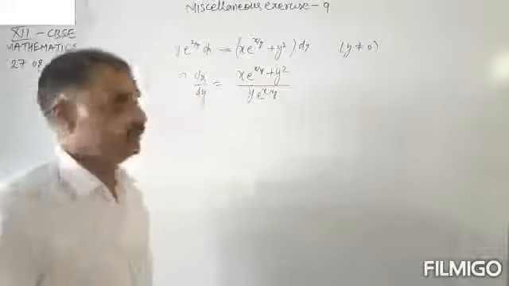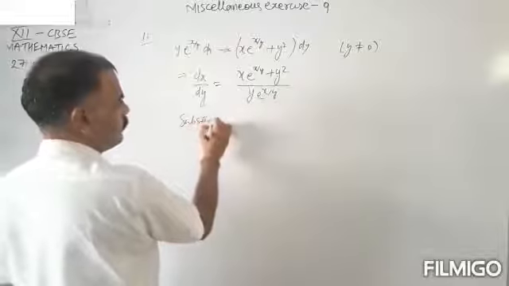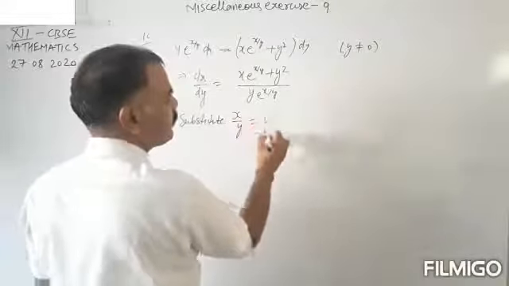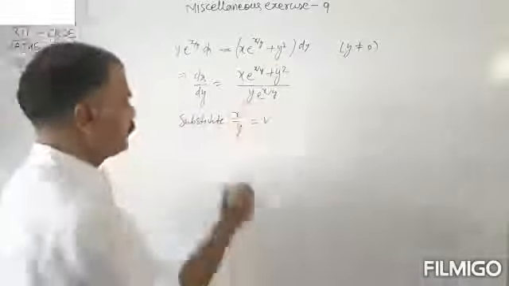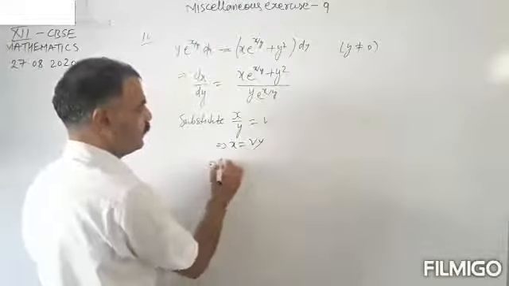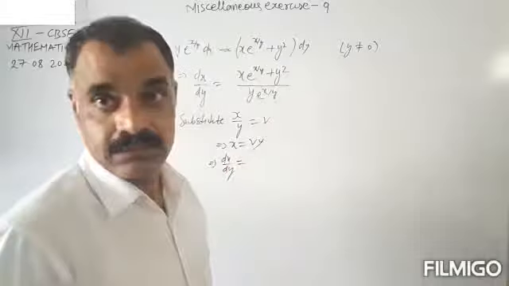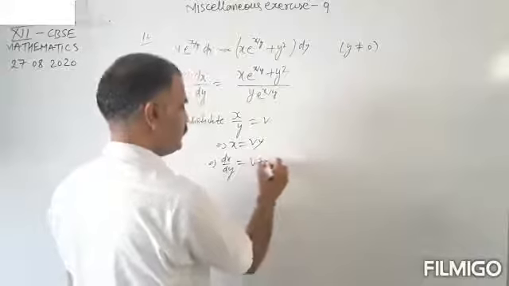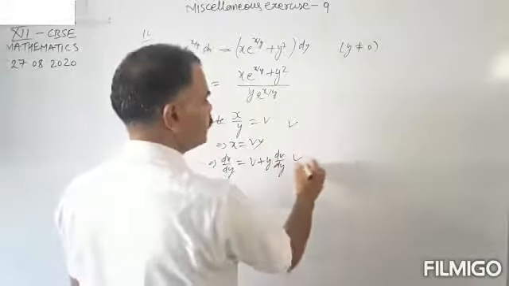Now substitute x upon y equal to v, so that x equals vy. Now dx upon dy is equal to v plus y dv upon dy.